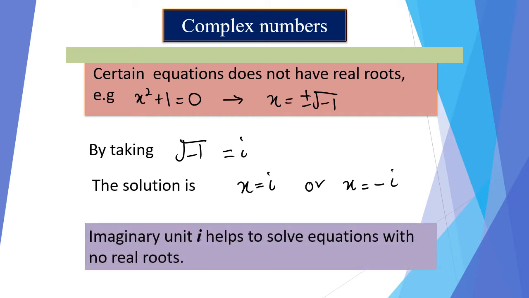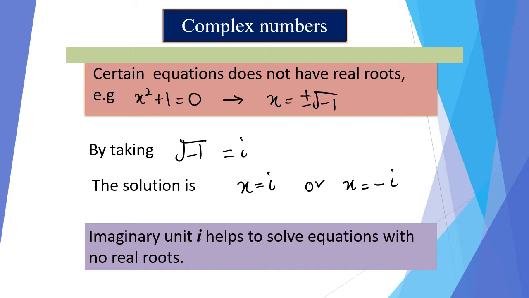Okay, so complex numbers. Certain equations do not have real roots. You may have encountered this before, where your teacher said that we have no real roots. So for example, x squared plus 1 equal to 0. This is a quadratic equation, and when we solve it, we get x equal to plus minus square root of -1.